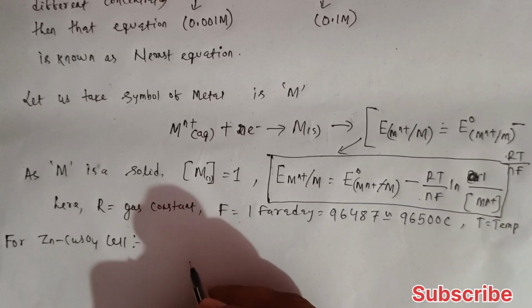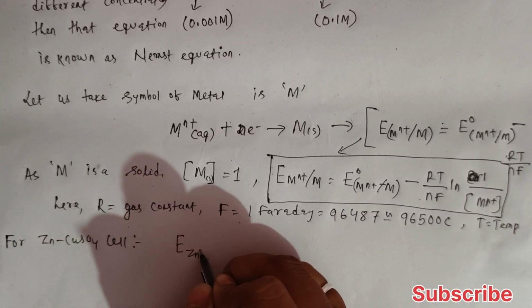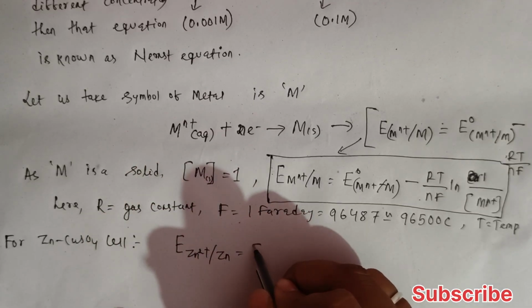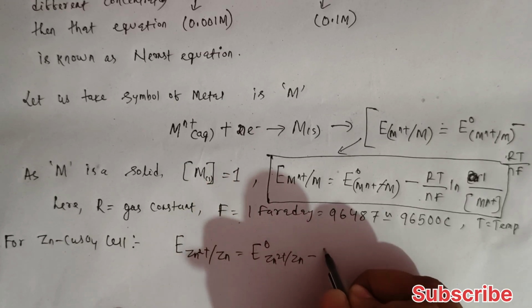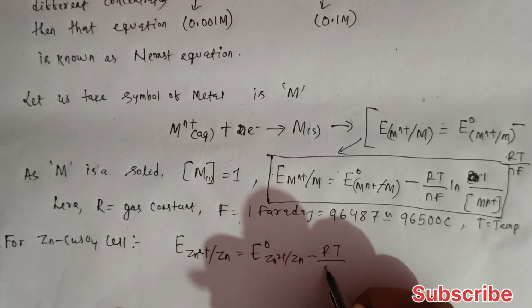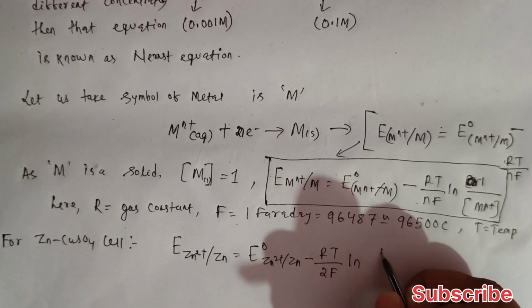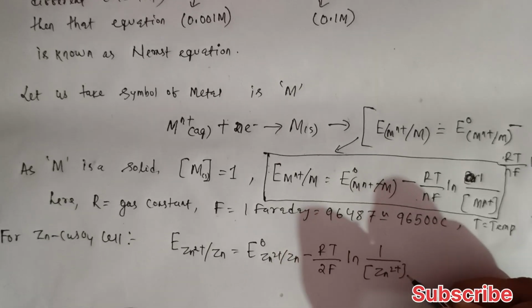Now first of all, for the zinc half cell: E of Zn2+/Zn is equal to E naught of Zn2+/Zn minus RT by 2F ln 1 by Zn2+. This is for zinc.